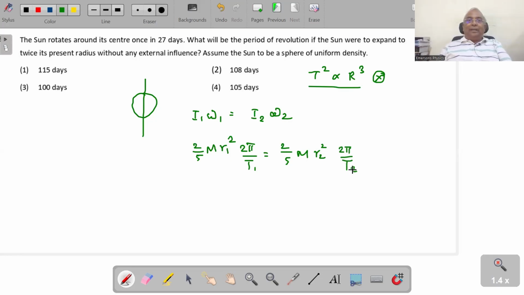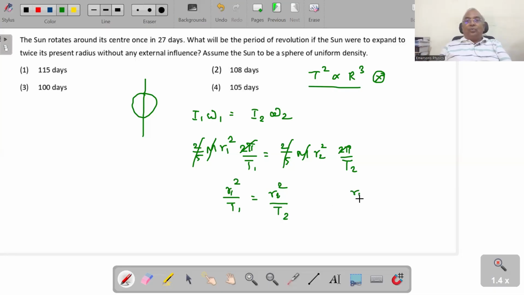Clear? Then 2 pi cancels, and m has no change, only the radius changes. If the sun expands to twice its present radius, there is no change in the mass. So 2 pi gets cancelled. On balancing, r1 squared by t1 equals r2 squared by t2. We'll substitute one by one. r1, t1 is nothing but 27 days.